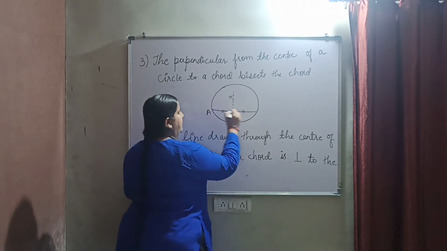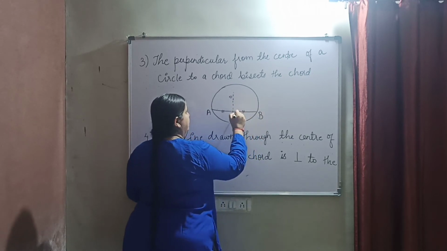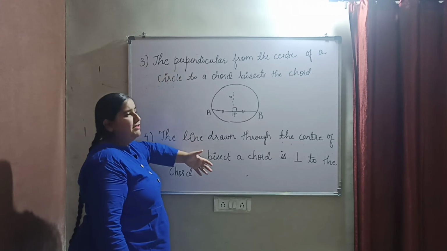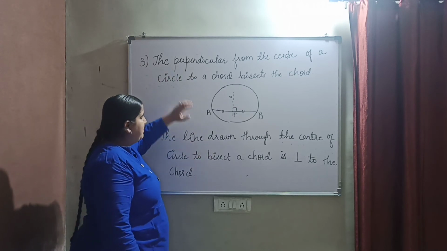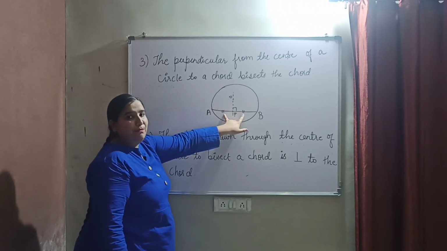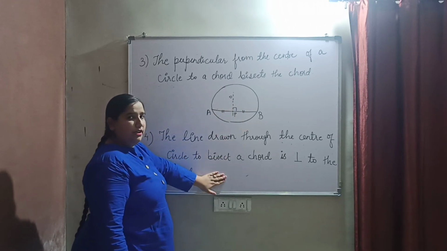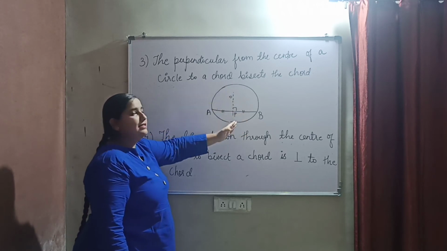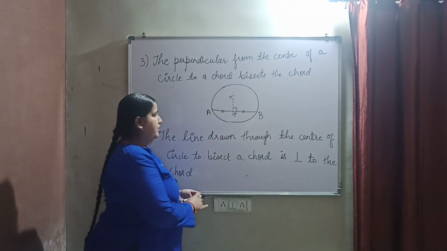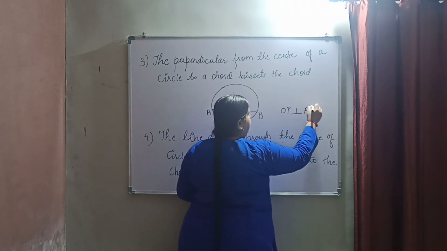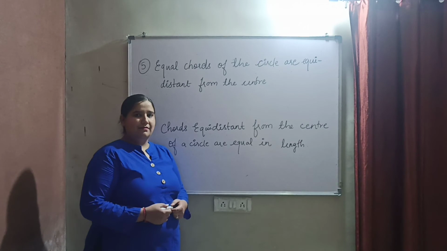This AB, OP. The theorem number 3 and theorem number 4 are converse of each other. That means if you are drawing a perpendicular onto the chord, it is bisecting the chord in two equal parts, and in theorem number 4 you are already having two equal parts and this line is nothing but the perpendicular onto the chord. So OP is perpendicular to AB according to theorem number 4.